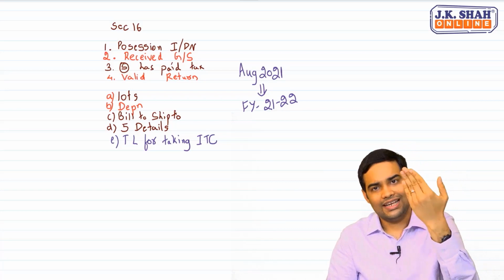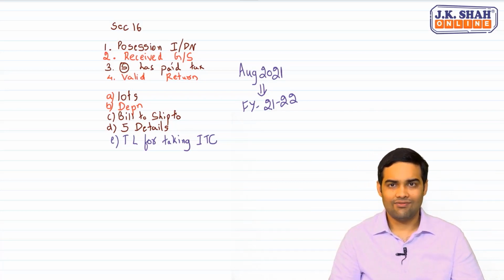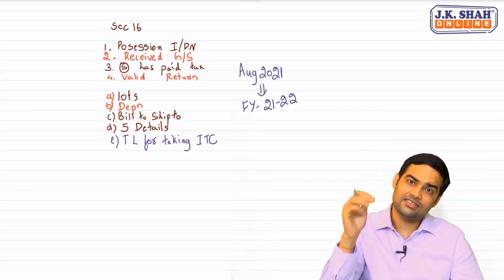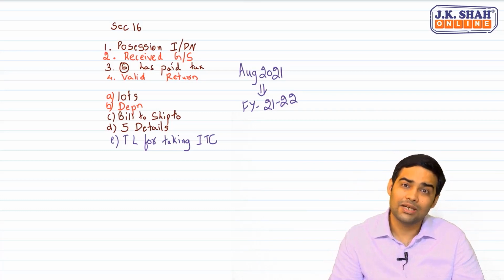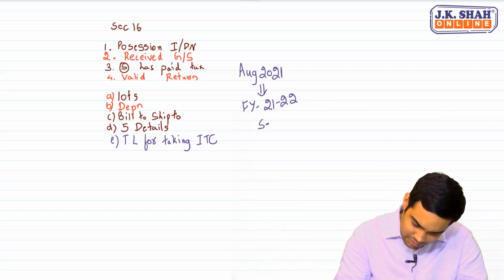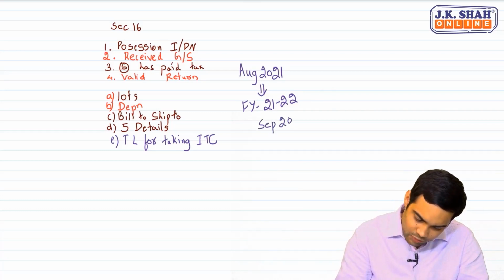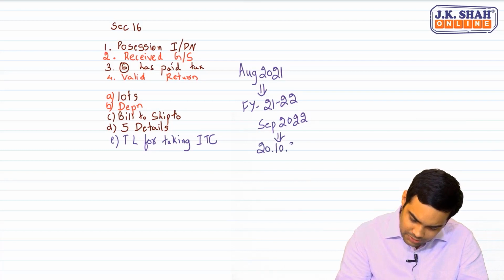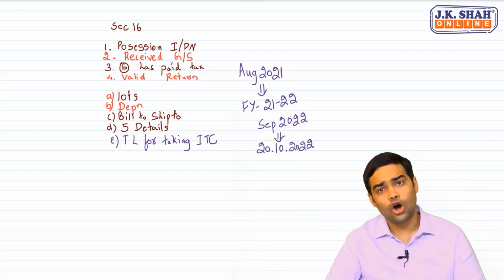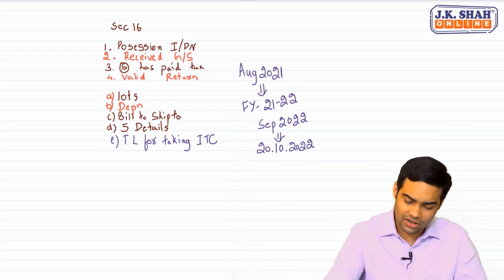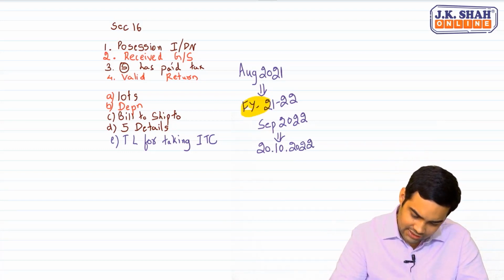Due date for filing September month return after the financial year. After the financial year ends, which September will come? Sir, September 2022. And what is the due date for filing returns for September 2022? 20th October 2022. This is your cutoff date or the date of filing the annual return for this financial year.